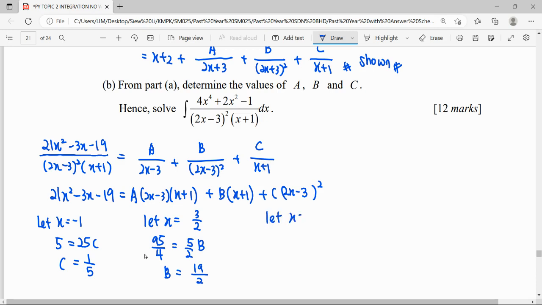We can let it to be any value. For easier calculation, I let it to be 0. So calculate for this. Where B, we already found it, and also C, we already found it.